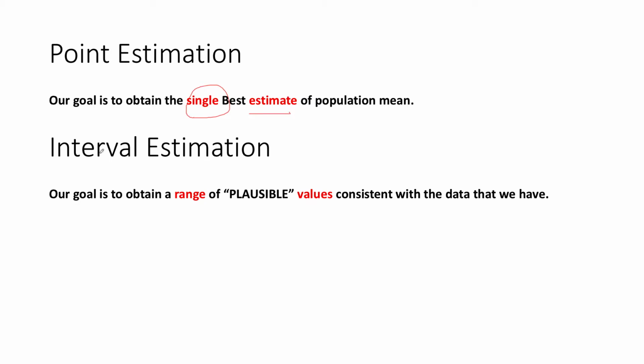For interval estimation, our goal is to obtain a range of possible values to say, well, this is the best we can do to estimate the population mean or population variance.